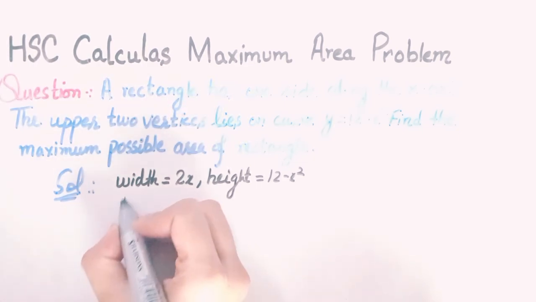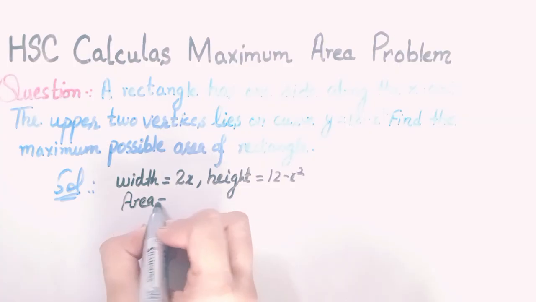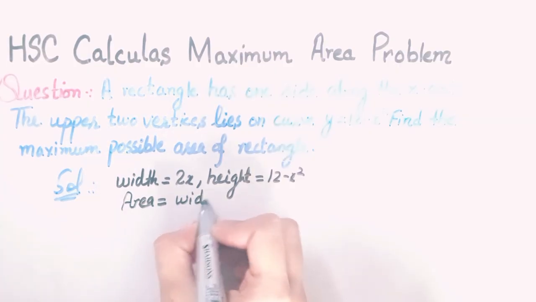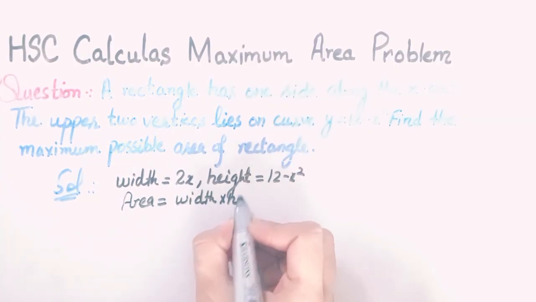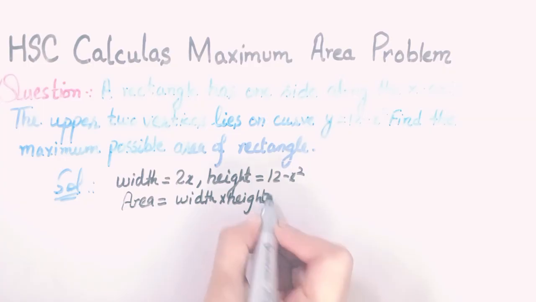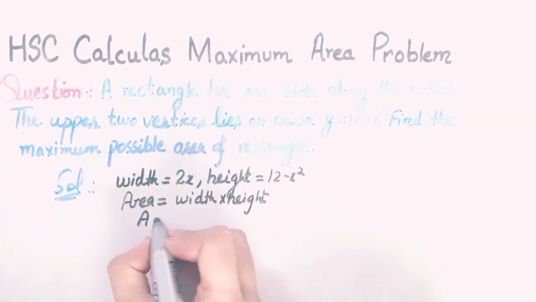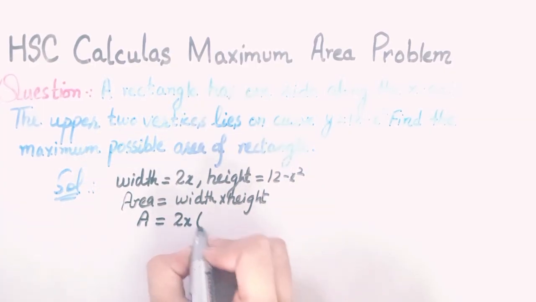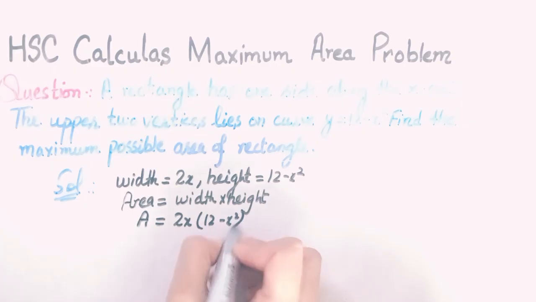So the area equals width times height. We have A equals 2x into 12 minus x squared.